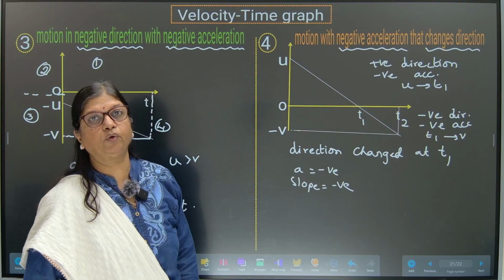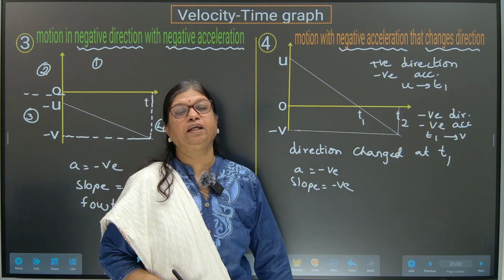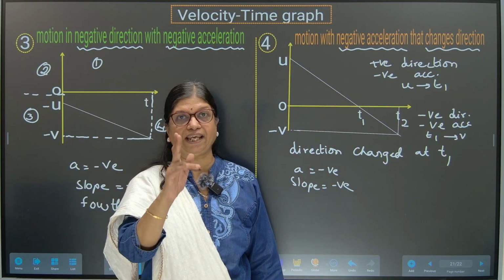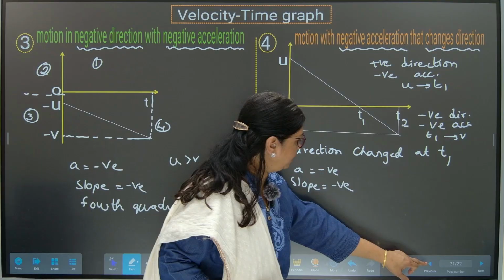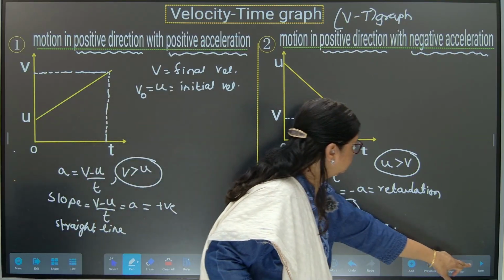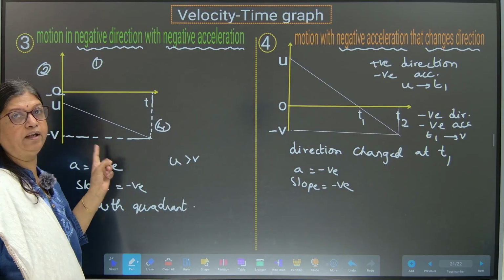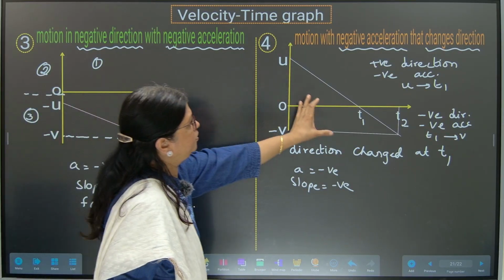Fine? Okay. So this particular graph is a combination of the second graph or the second condition which we drew here and the third condition which we drew here. It is a combination.